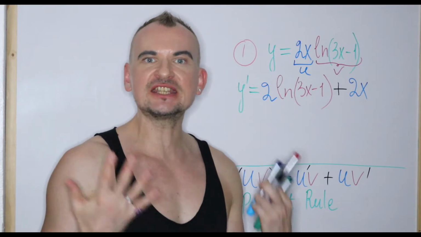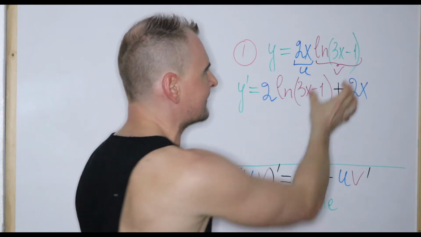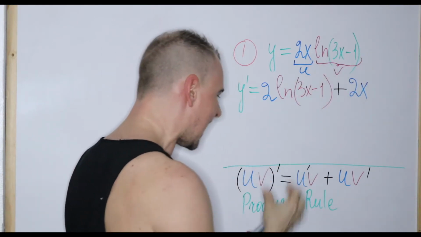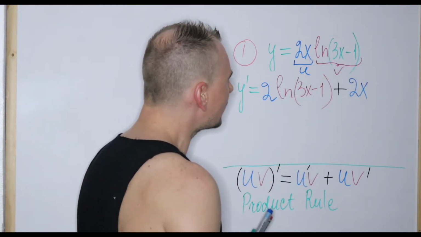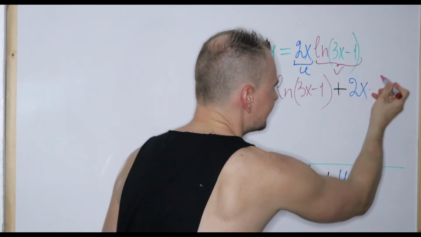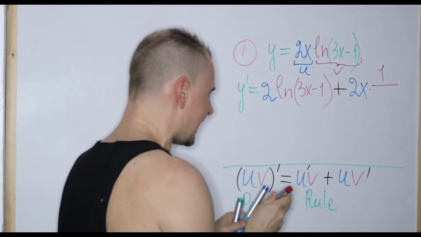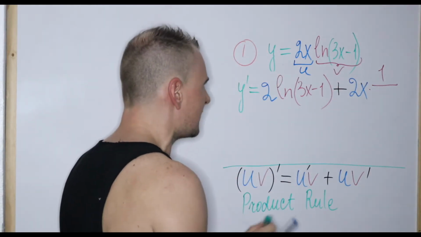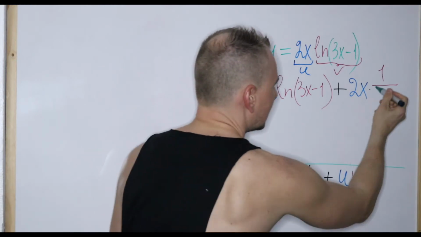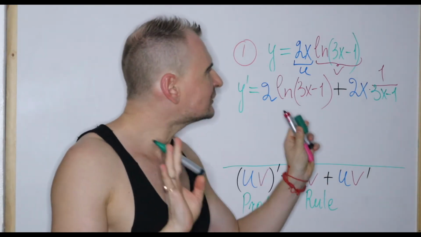Again, remember the derivative of ln is just 1 over the entire argument. So I'm going to write times 1 over this entire argument, so 3x minus 1 goes on bottom. And we are not done yet.